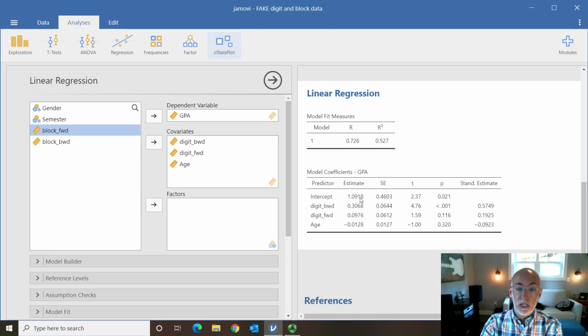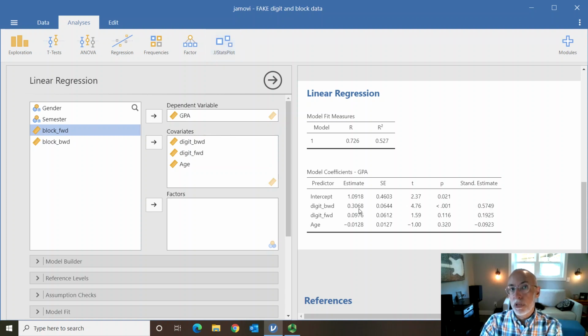The intercept is the unexplained variance, and the y-intercept on the graph. The thing to look at here are the p-values. Digit backward at .001 is the only significant contributor to differences in GPA. The standardized estimate is 0.57. The plain old slope is 0.30.